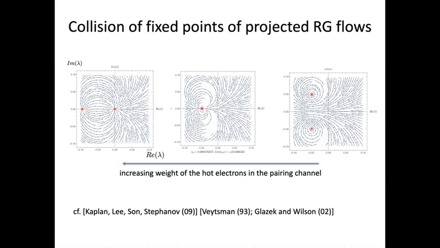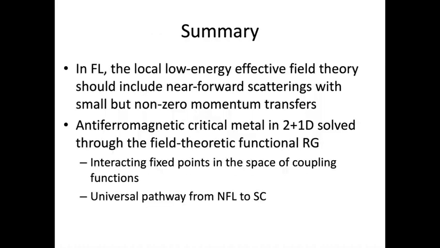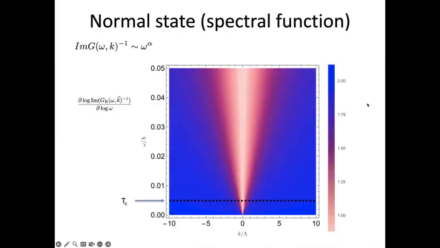So the main message here is that superconductivity is driven not just by hot electrons, but through the interplay between hot and cold electrons. So what happens as we go to low energy? Here the horizontal axis is momentum along the Fermi surface, and the vertical axis is the energy. This color plot is the exponent with which the imaginary part of the single particle Green's function scales, right?